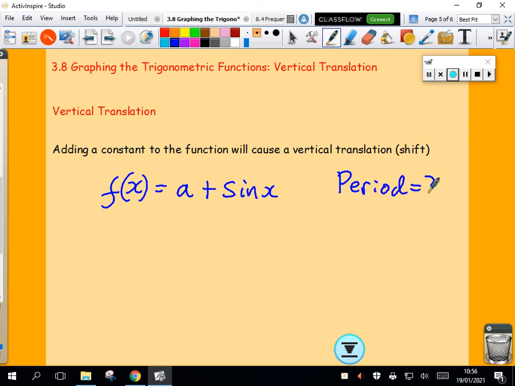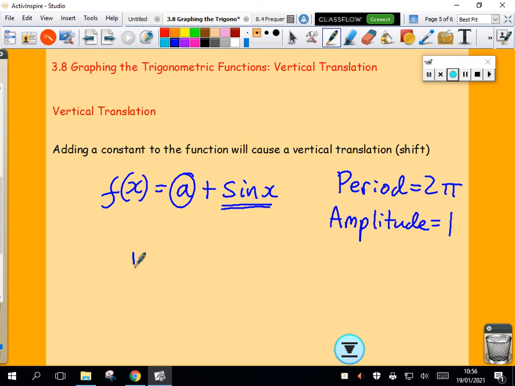It is still 2 pi. It's still the same as the period of that function. The amplitude doesn't change. It's still the same as the amplitude of the sine function, because all this quantity is doing is moving the function up and down.